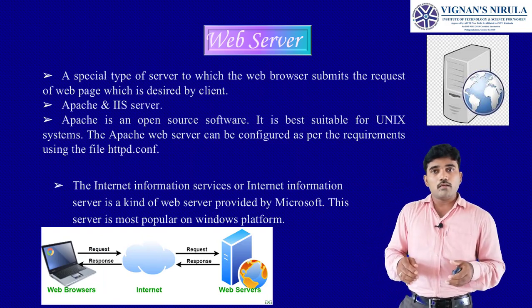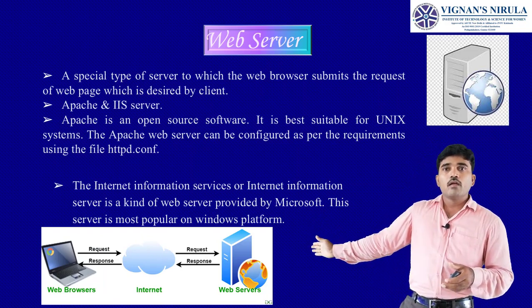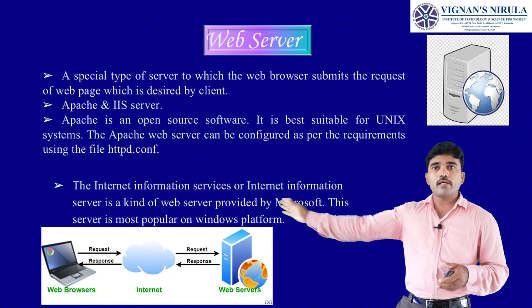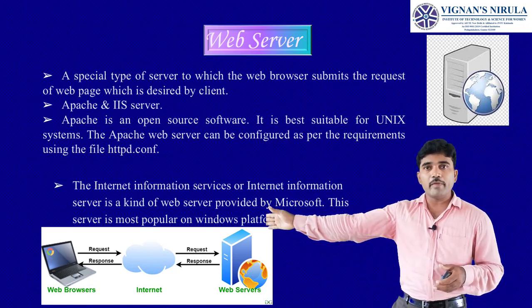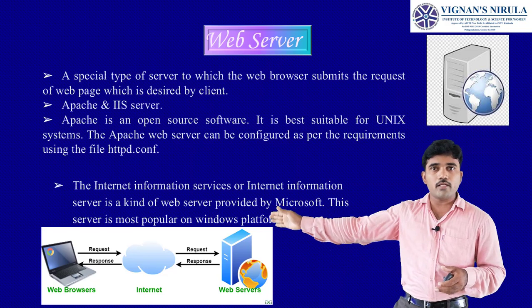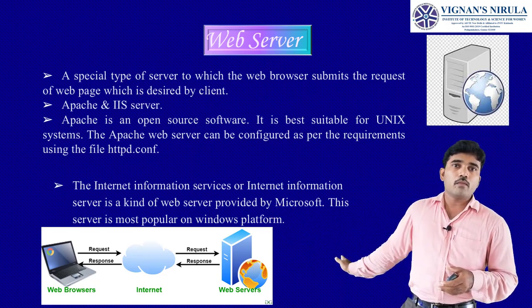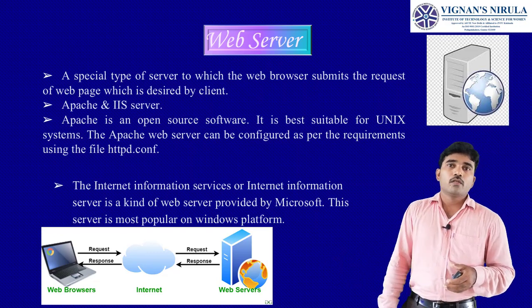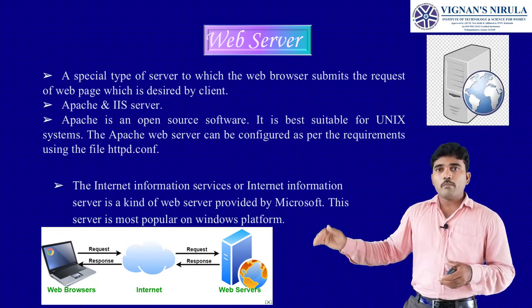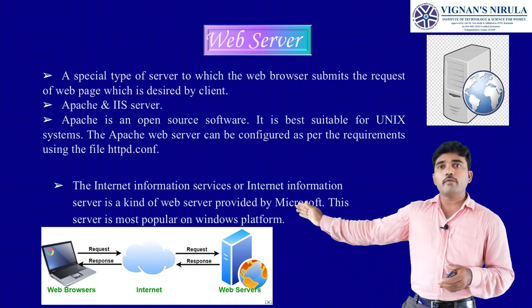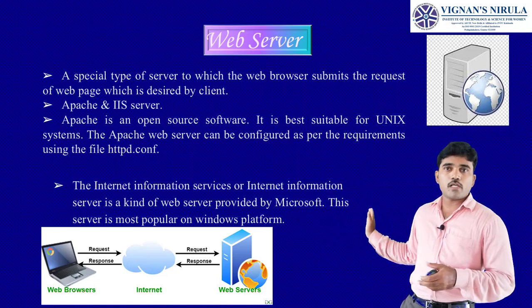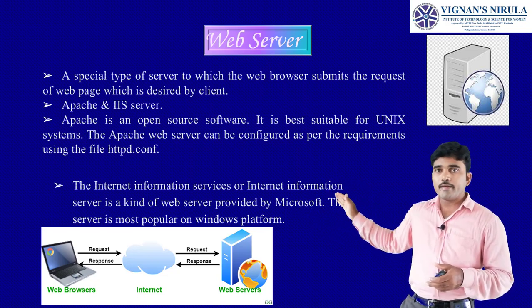As you observe in this diagram, two computers are there. The first one is where I mentioned a web browser. You can assume it like a client. And here we have the web server. The web browser is submitting a request to the web server using the internet service.